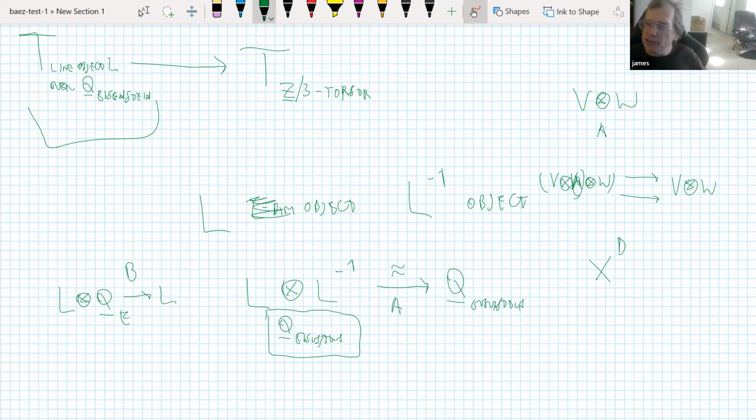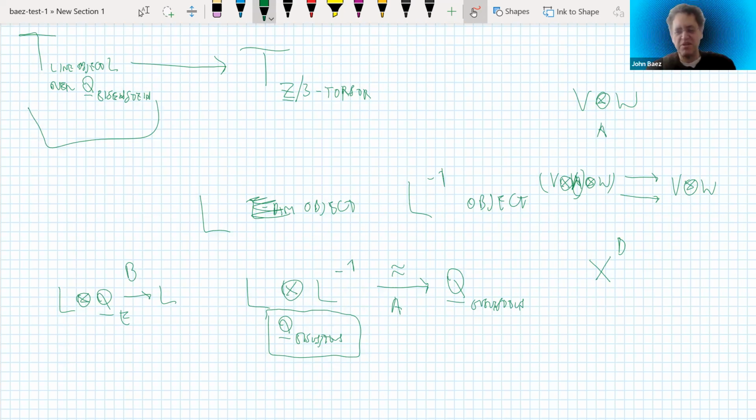There are all sorts of tricky things you can do with this. You could take GLN over the complex numbers. That's an algebraic group. You could treat it as a complex algebraic group, but you could also treat it as a real algebraic group. And so that's two different kinds of commutative Hopf algebras, a real commutative Hopf algebra and a complex commutative Hopf algebra, but they're both coming from the same algebraic group.